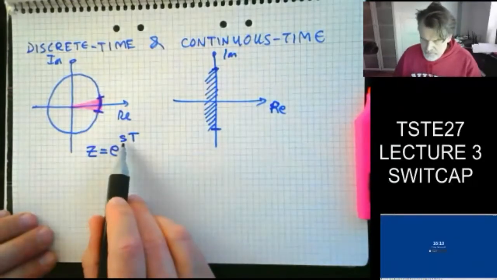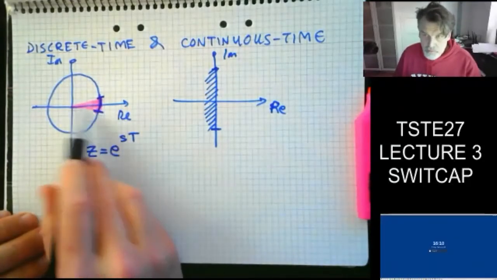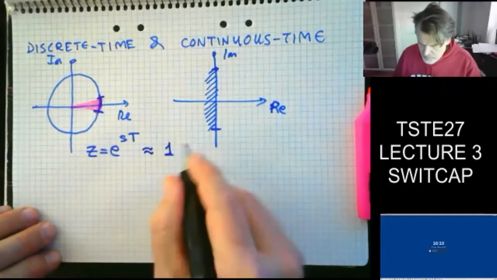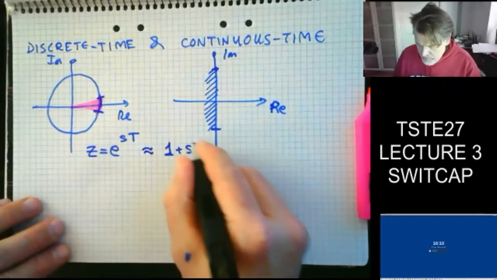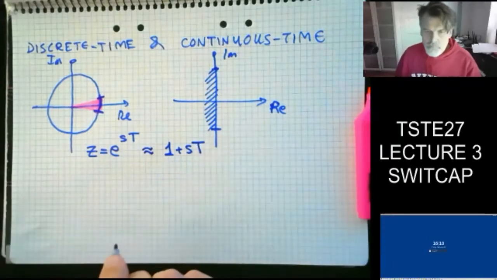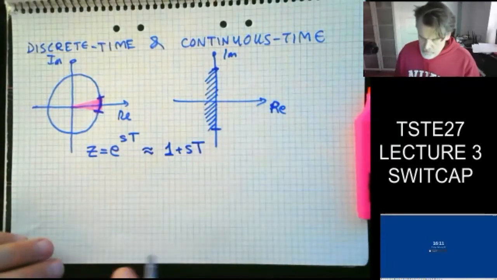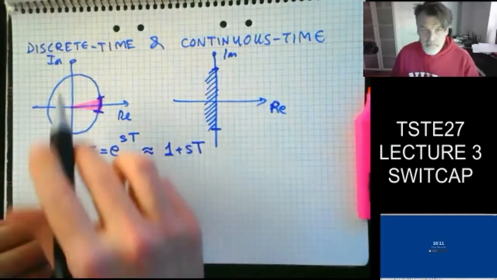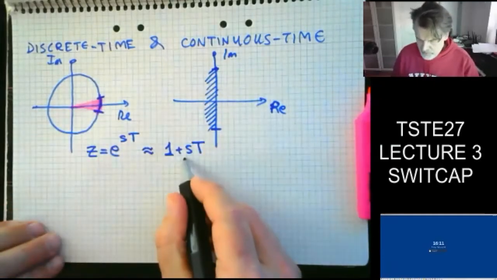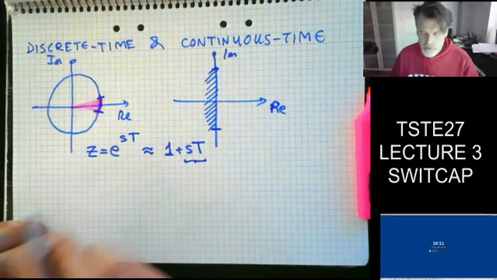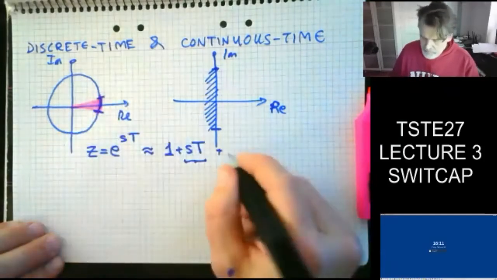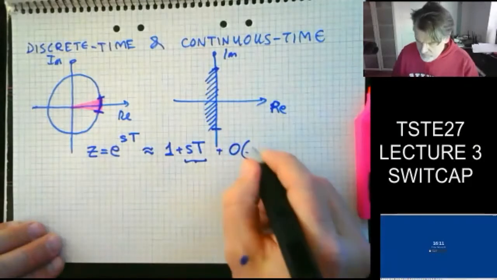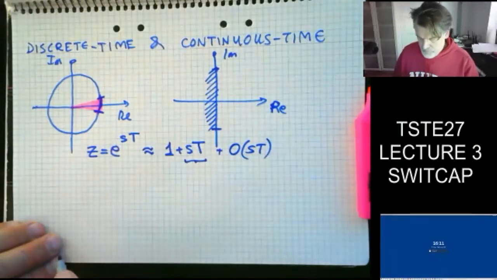And if st is a small number, which it is for this small wedge here, then we know, according to Taylor, that's going to be approximately equal to 1 plus st. And this is now my mapping from the discrete time to the continuous time domain. I have my st term here. If I would have a larger span, I would have to do mapping with also squared and cube terms, according to Taylor, but now we say they are order st.